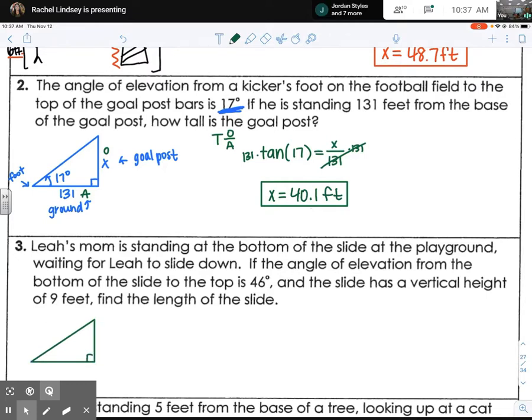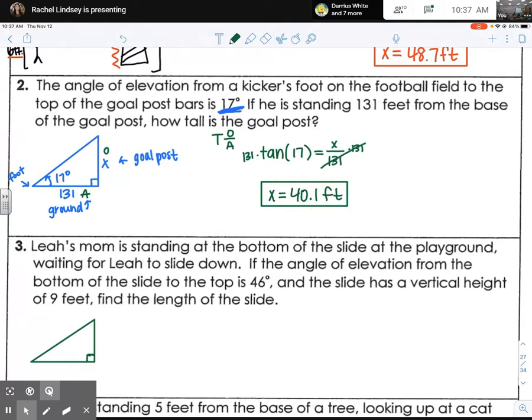Okay, so I'm just gonna go ahead and draw my little right triangle on the next one, and then from that, I'm just going to see what I need to label. So it says, Leah's mom is standing at the bottom of the slide at the playground, waiting for Leah to slide down. If the angle of elevation from the bottom of the slide to the top is 46, and the slide has a vertical height of 9 feet, find the length of the slide.